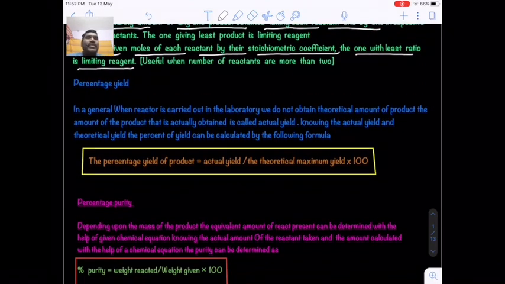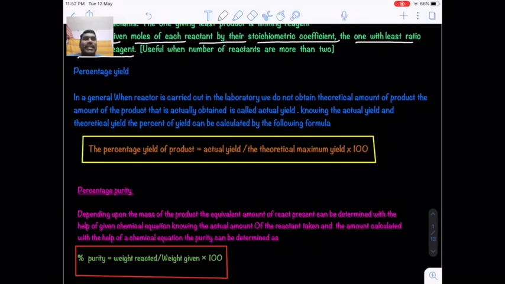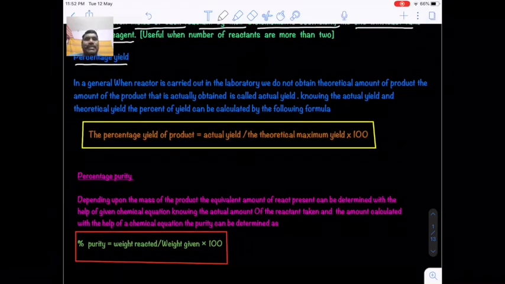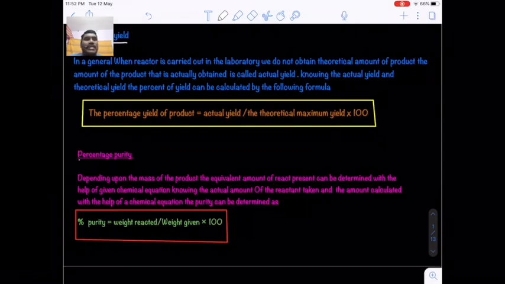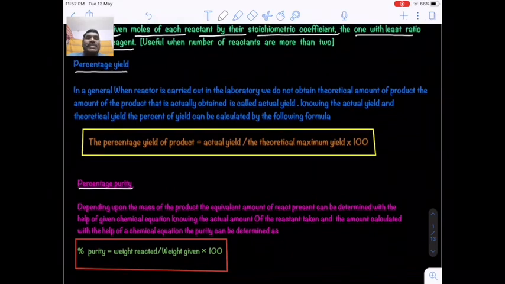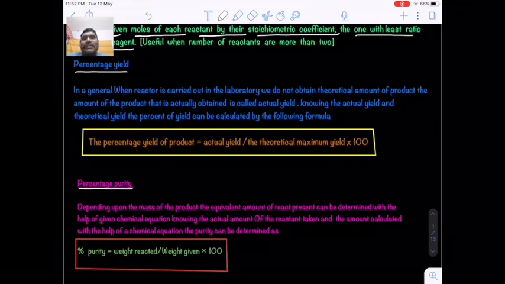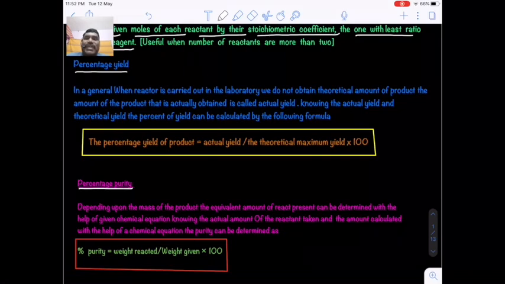Before going to the calculation of the limiting reagent, there are two definitions. Number one, percentage yield. Number two, percentage of purity. These two definitions are very important. Percentage yield means, generally in the laboratory we cannot expect 100% yield of the reaction. Theoretically we may expect 100% product formation, but practically it is not possible to get 100% of the product formation.